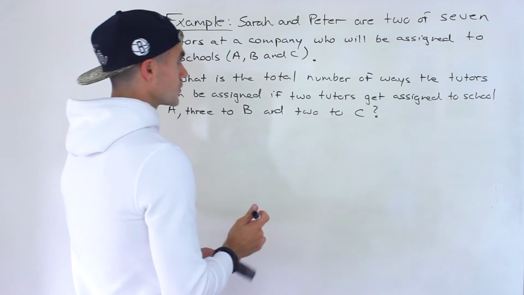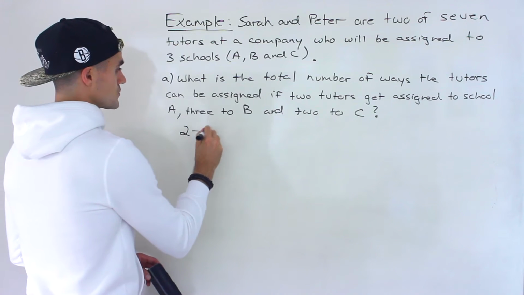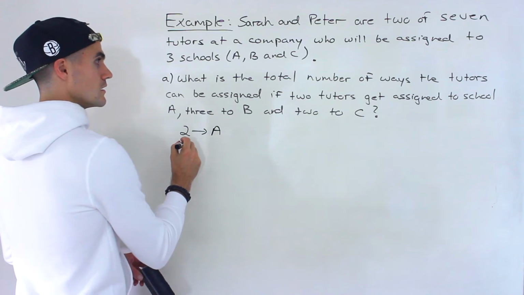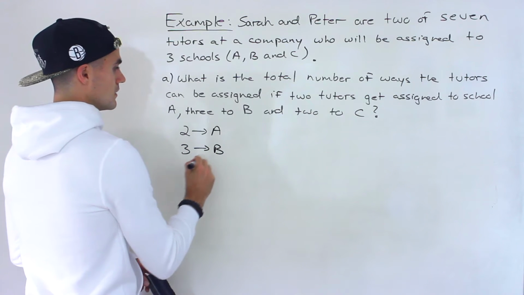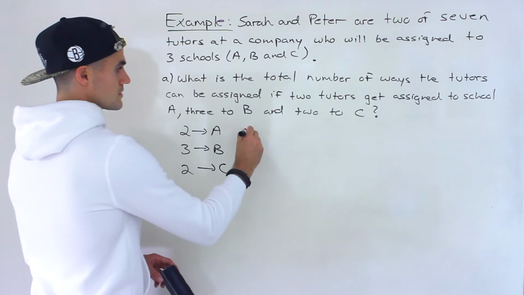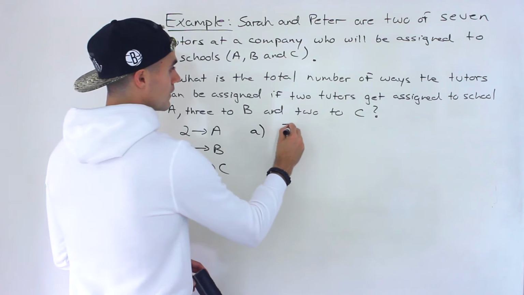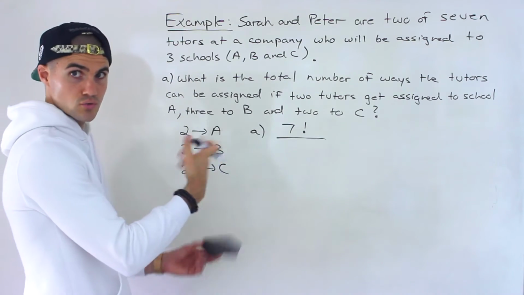So in part A, we're told that 2 tutors have to go to school A, 3 have to go to B, and then 2 have to go to C. And so for part A, basically we got 7 tutors, and then the different schools can be the labels.